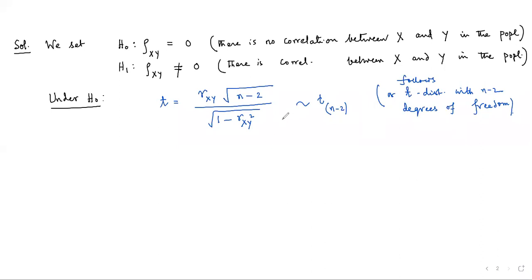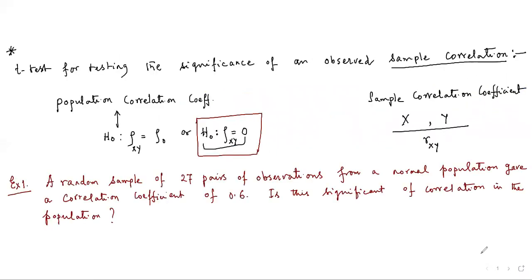Now we will try to find out what information we have in our example. First of all, you see that we have the information about the sample size, which is 27. So here n is 27. And the correlation coefficient between the two variables is given to be 0.6.